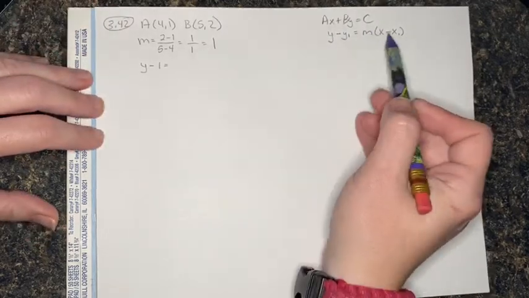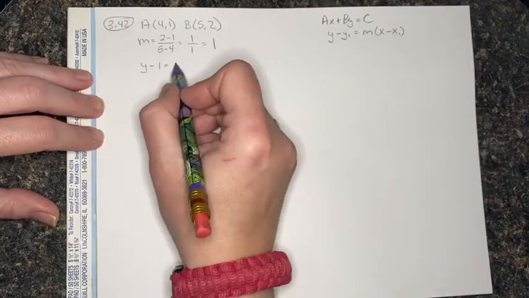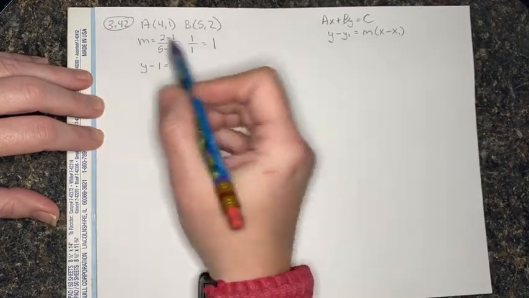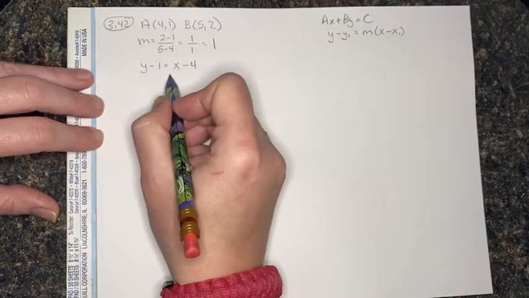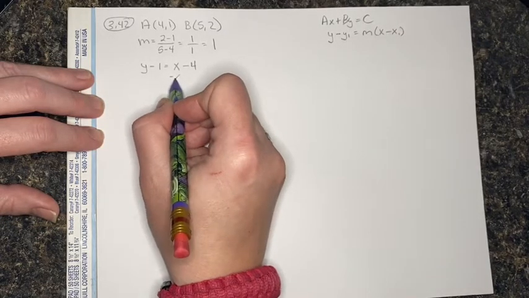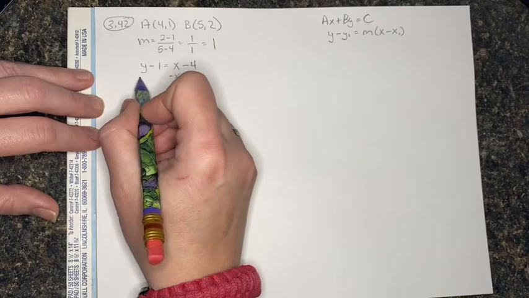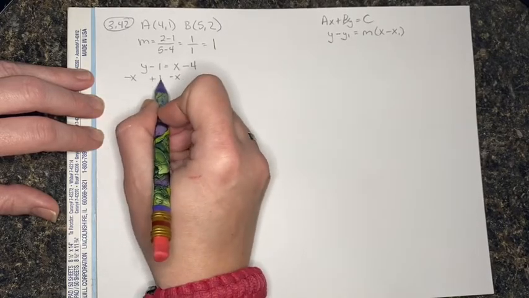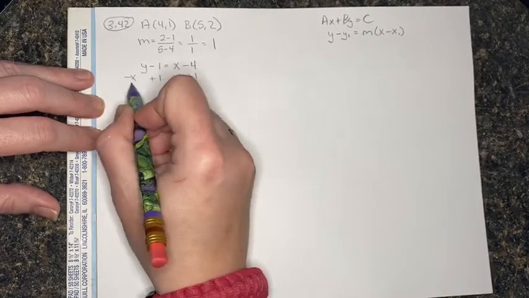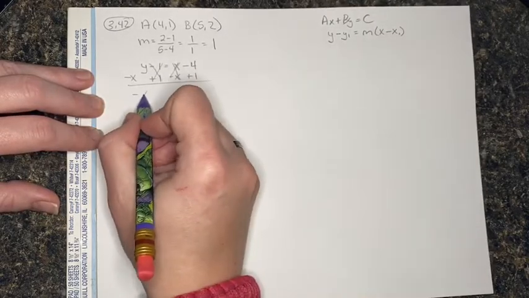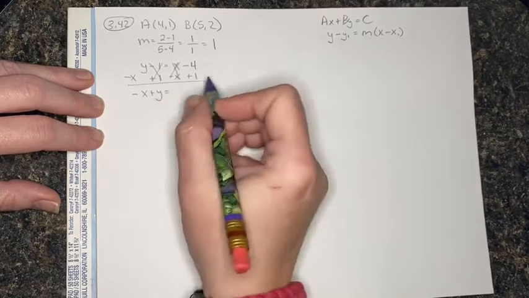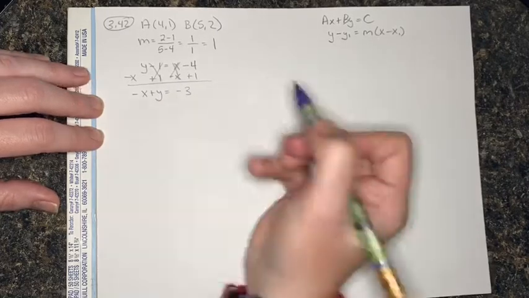So let's just do this portion of it. Okay, so it's going to be x minus 4. Okay, now we can solve this. We can move our x over here, and I'm going to move my 1 at the same time. We're good multitaskers that way, right? So we have got negative x plus y is equal to negative 3.